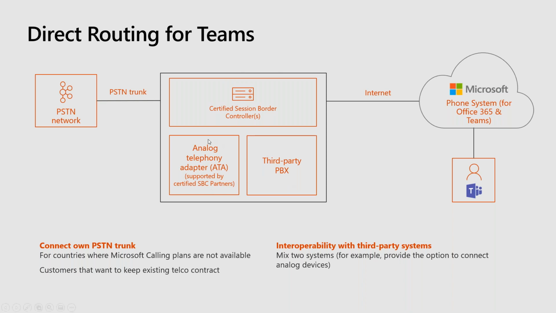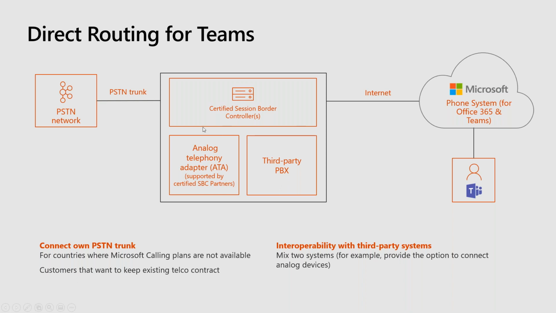Now, you can also add analog hardware or analog devices. Sometimes the session border controllers have analog ports, or you can have analog adapters so that you can connect those to the session border controllers as well.